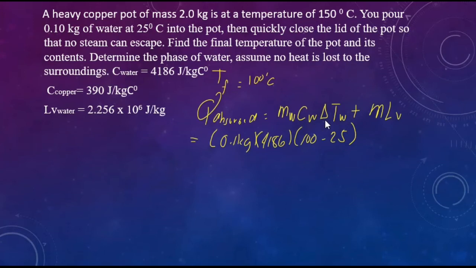Okay, that is for the first term. Then plus, mass is 0.1 kilogram, and then latent heat of vaporization is this one, 2.256 times 10 to the 6 joules per kilogram. So the heat absorbed, let's check what is the amount of heat absorbed.